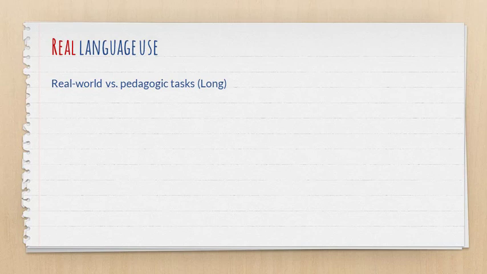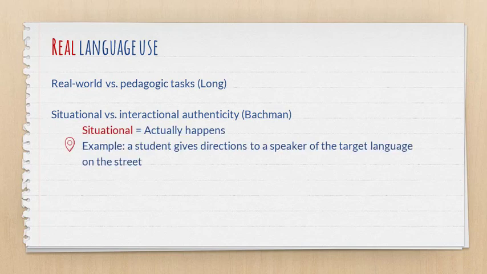Now, are they identical to what happens in the real world? No. They are adapted to the classroom. And this is precisely the distinction that Michael Long made between real-world and pedagogic tasks. It also echoes the distinction that Bachman made between situational and interactional authenticity. Situational authenticity refers to what actually happens. For example, if a student gives directions to a speaker of the target language on the street, it's as real as it gets.